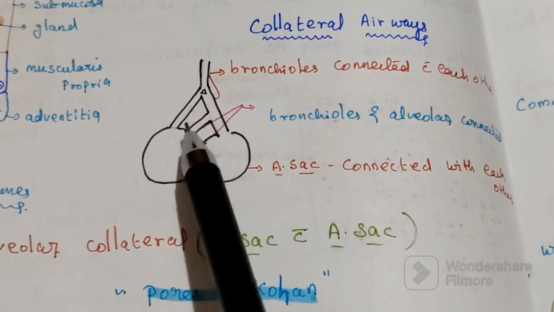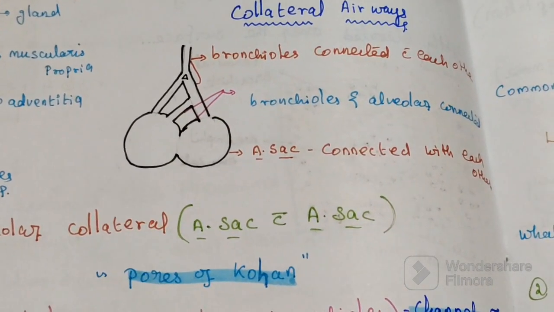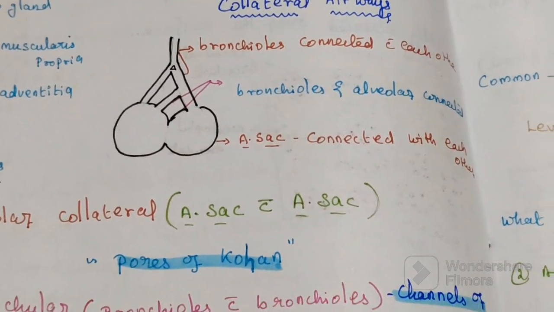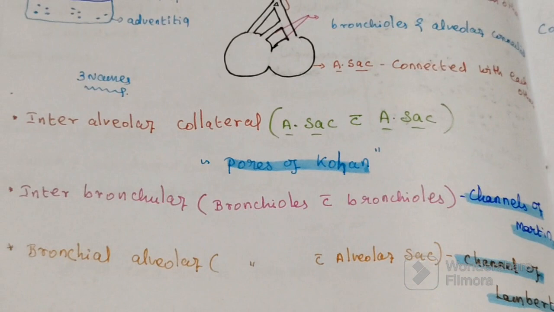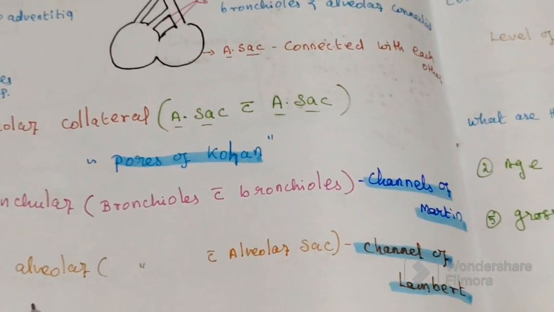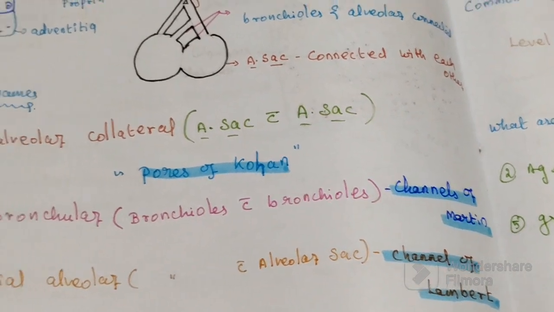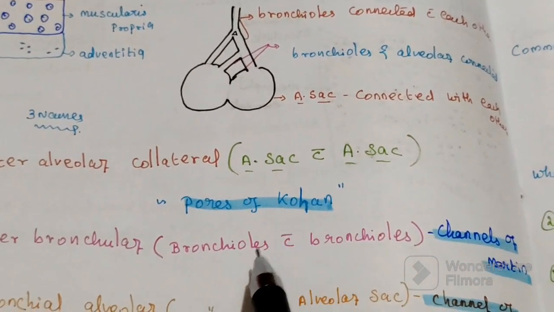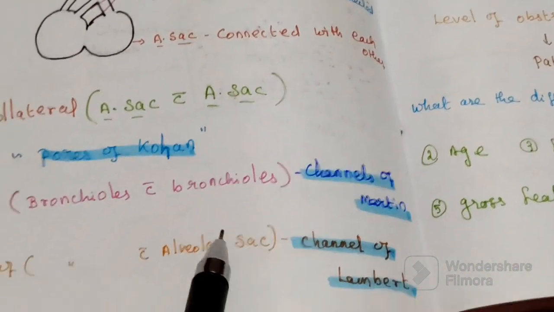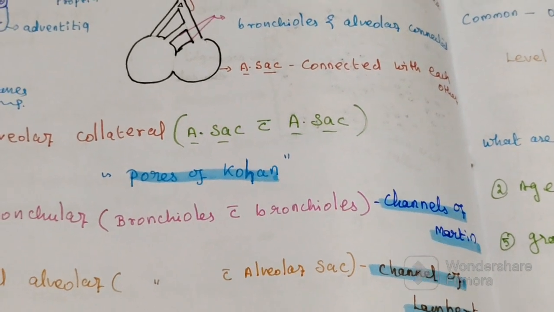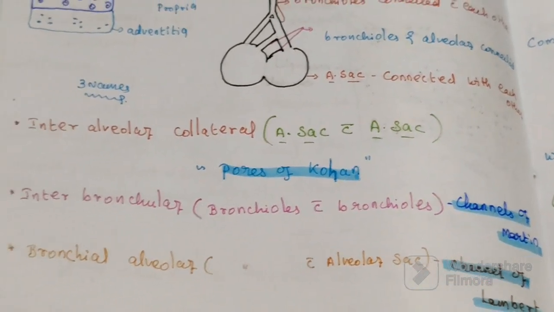Then one bronchiole connected with one alveolar sac is the bronchioalveolar channel, the channel of Lambert. Alveolar sac to alveolar sac, pores of Kohn. Bronchiole to bronchiole, channel of Martin. Bronchiole to alveolar sac, channel of Lambert.